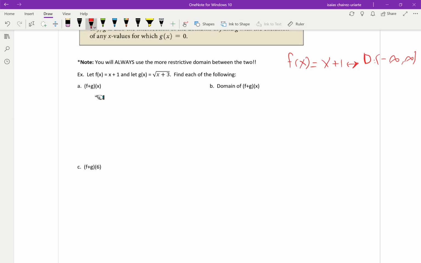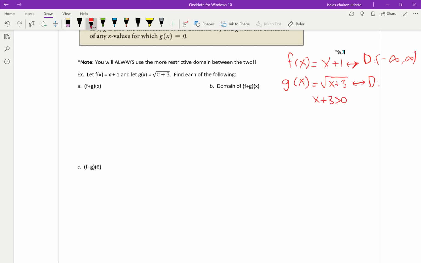Let me think about the domain of my function g of x. Remember, what we're trying to avoid is having negatives inside of the square root. So one thing we could do to find the domain is set up an inequality. In the last section, this is what we did.